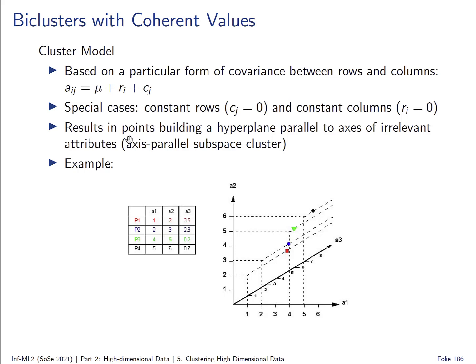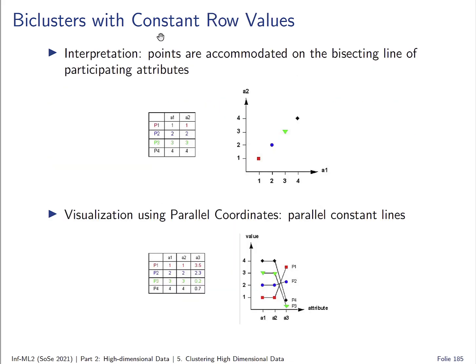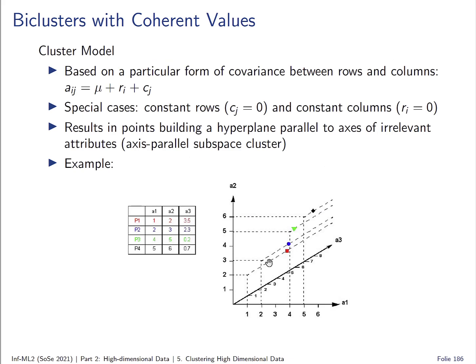And the spatial interpretation is that the points build a hyperplane which is again parallel to the axis of the irrelevant attributes. So just as before with the constant row values, we have more or less the same pattern in general, that we have points located on a hyperplane, and the hyperplane has an arbitrary spread along the irrelevant attributes, which is in that case A3. So it's parallel to A3, because A3 is the irrelevant attribute here.